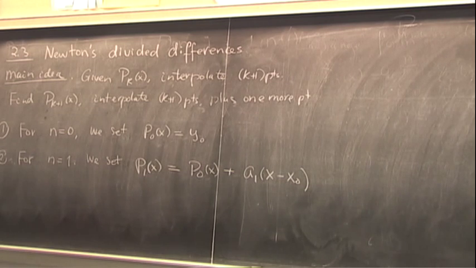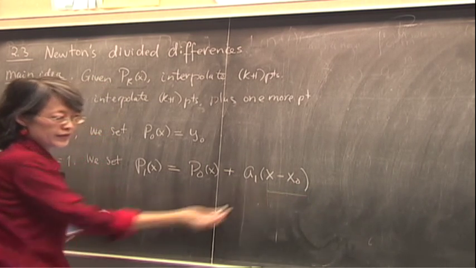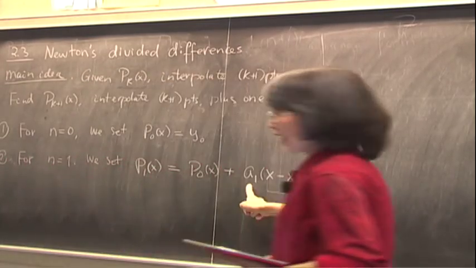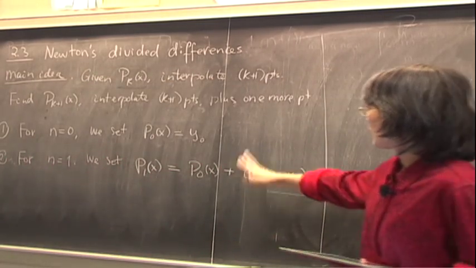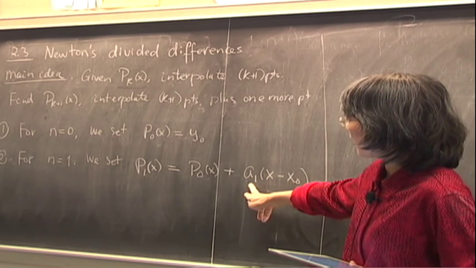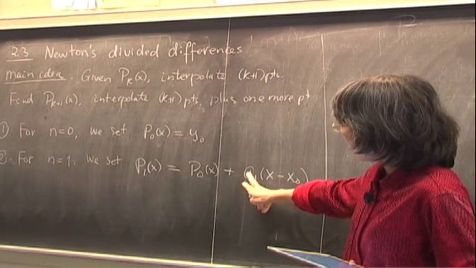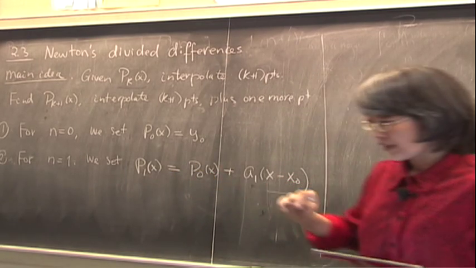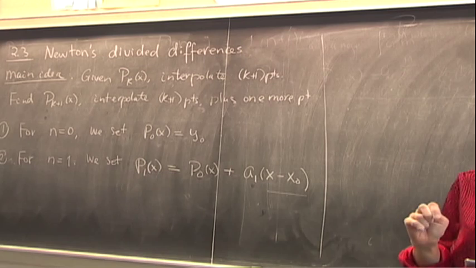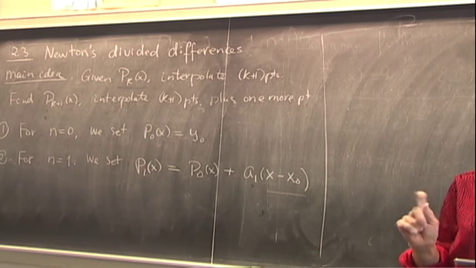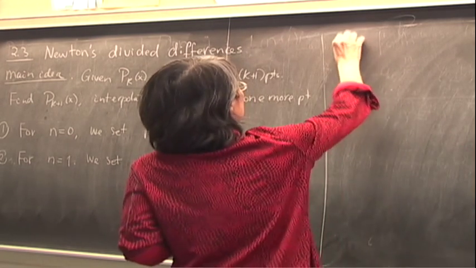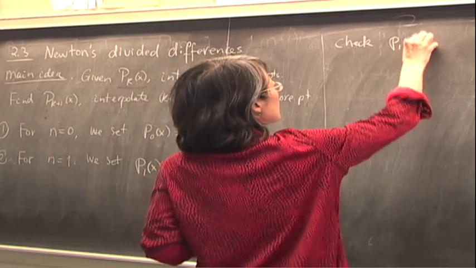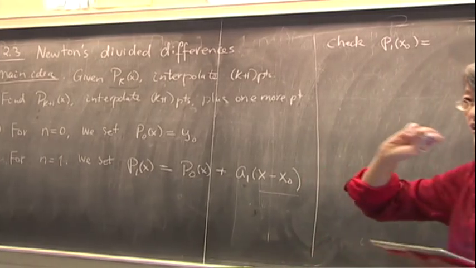So what's the advantage of having this thing here? For any a1, without even finding out what a1 is, I already know that p1 would interpolate the data point x0, y0. Do we see? So let's check. I already know that p1 at x0 will equal y0.